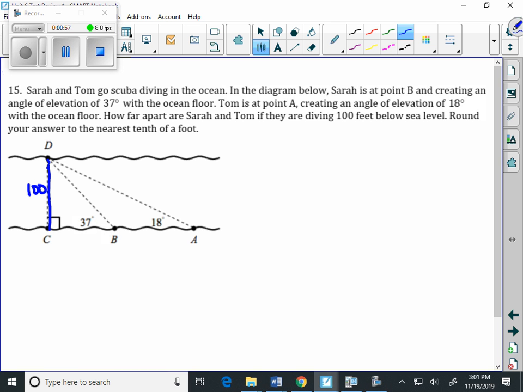So eventually what we're looking at is the distance between points A and B. But what we're going to have to do is have a triangle here.